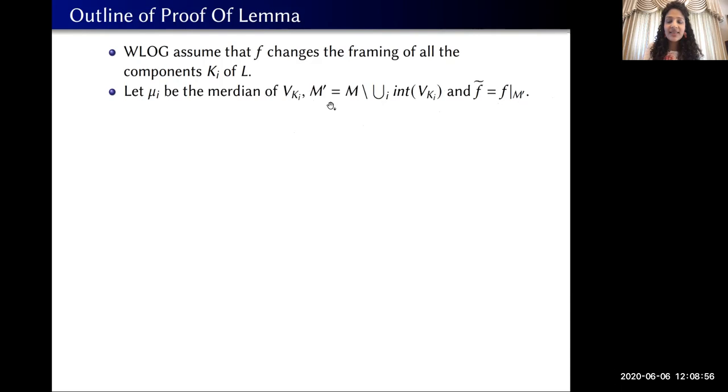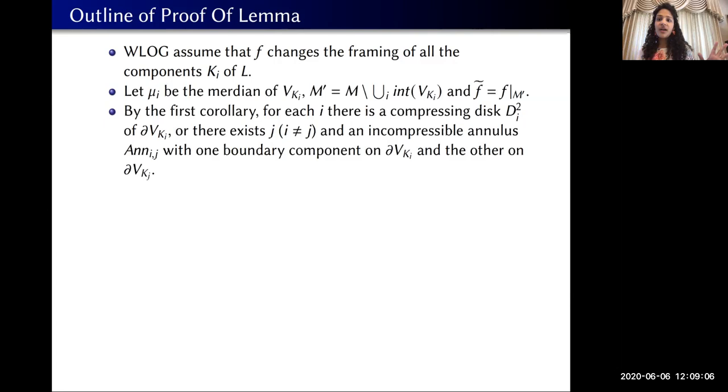Notice that this M prime and F tilde are exactly what we had in the two corollaries that I discussed before. From the first corollary, for each i, there is a compressing disk of boundary V_Ki, or there exists an incompressible annulus with one boundary component on one of the boundary V_Ki's and the other on another boundary V_Kj.